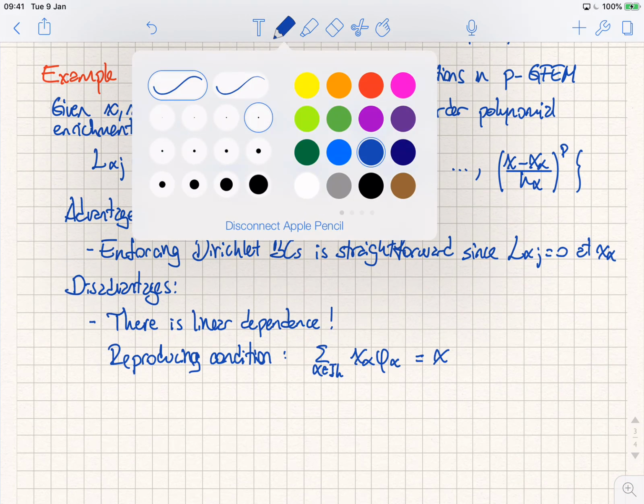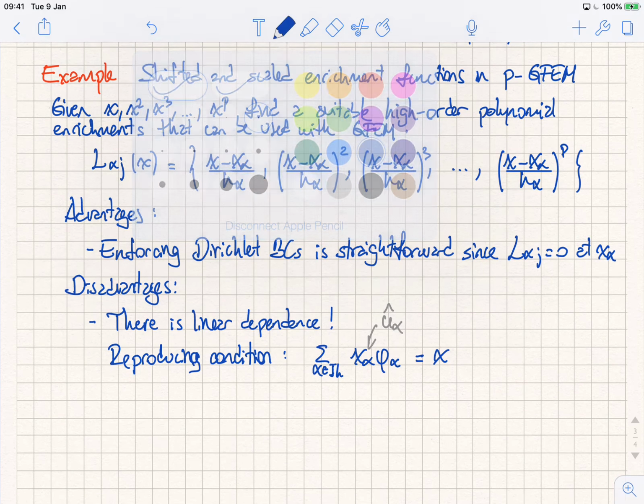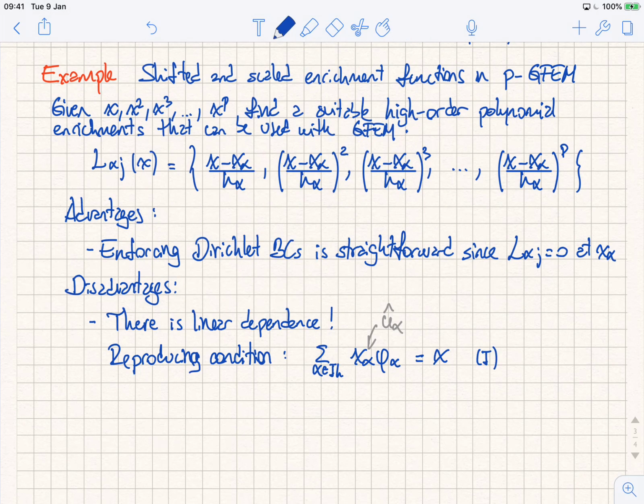I have just replaced my standard degree of freedom u alpha by the value of x at the location of the node. That is equal to x, right? And this is coming from the standard FEM component. So let's call that 1.